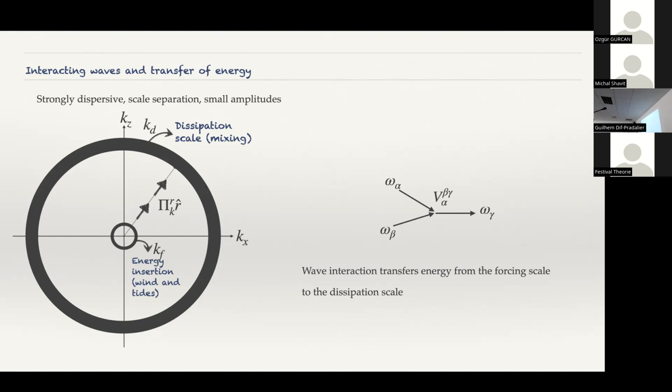So if we force it here and we dissipate here, what we expect is to see some transfer of energy going here. And we know from isotropic systems that if we average over the angle, then we will see here that this cascade, what we call a cascade of energy, is scale invariant and it has some power law.